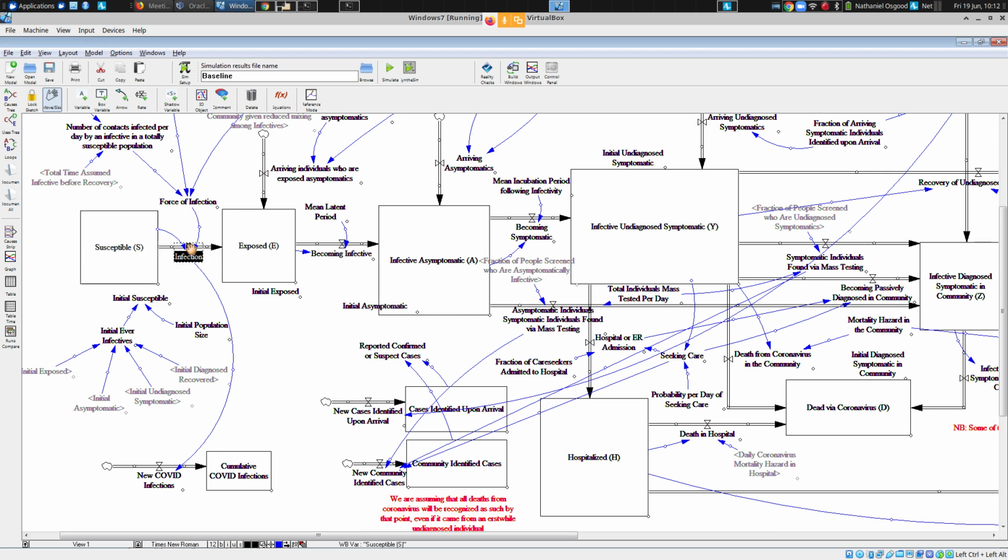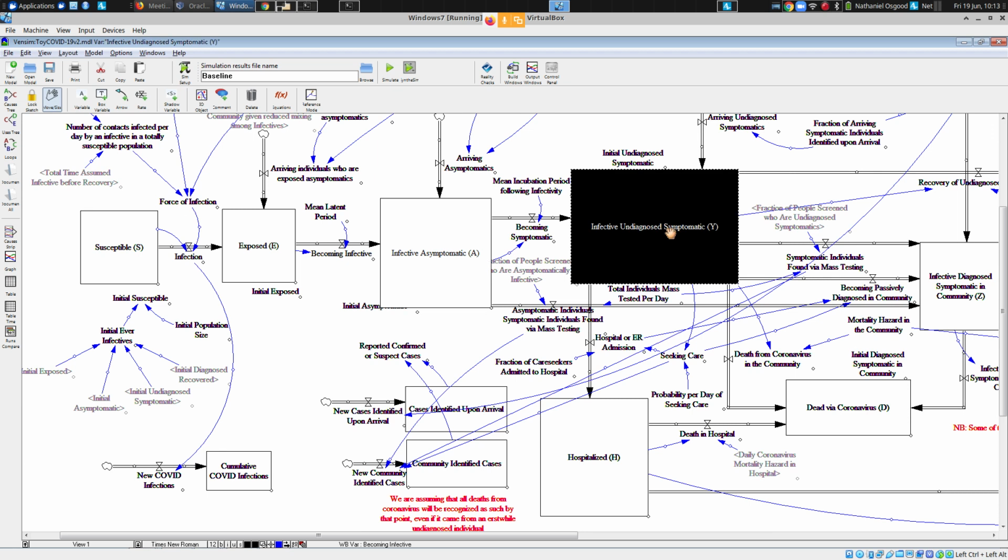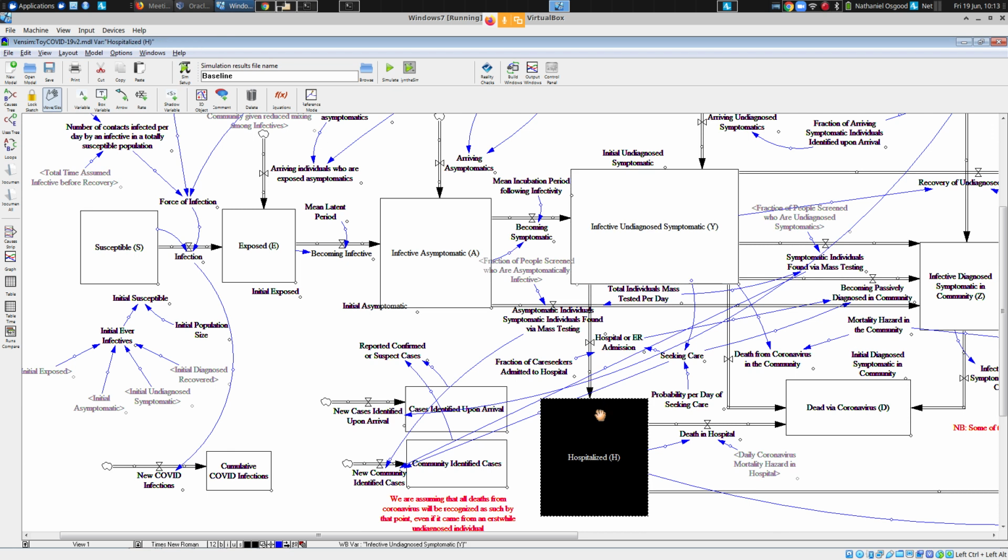It's at this point in the model that individuals become infected with the COVID virus, which brings a previously susceptible individual into the exposed state. After some period of time, that individual will flow over into the state in which they're infective but pre-symptomatic, not yet showing symptoms. And in the fullness of time, they will develop symptoms, and some of them may seek care.